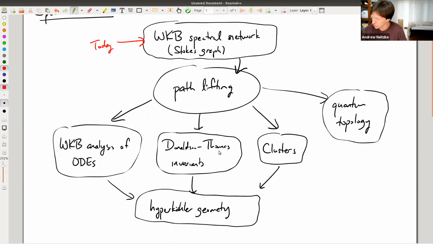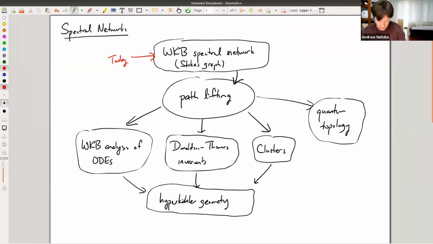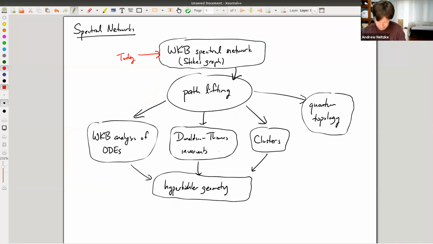The mathematical story that I'm going to tell follows along the lines of some joint work that I had with various people. It's at least closely connected to joint work with various people.